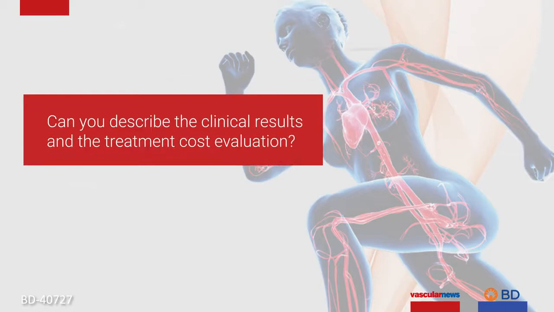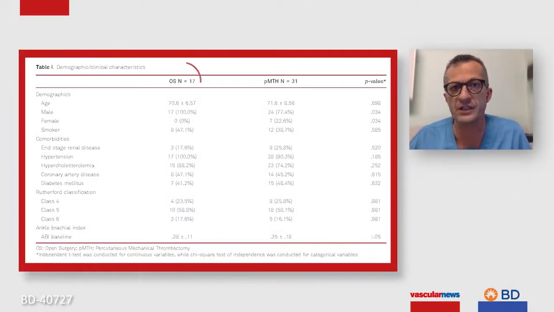Can you describe the clinical results and the treatment cost evaluation? In our paper, we analyzed a continuous series of 48 occluded bypasses, 17 treated with open surgery and 31 treated with Rotarex S. These two groups of patients are completely homogeneous considering the demographic characteristics and the comorbidities, and all patients are with CLTI, from Rutherford 4 to Rutherford 6, most of them in Rutherford 5 class with a tissue loss in the foot.